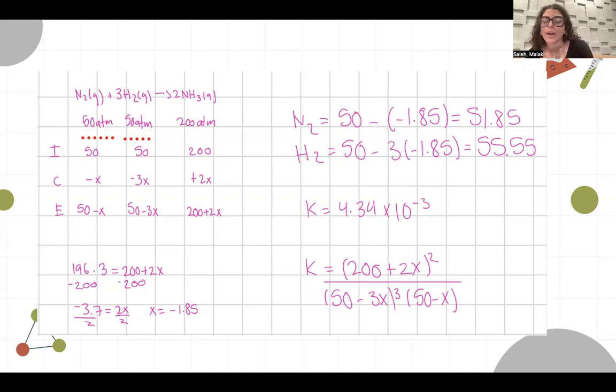Using 196.3, the partial pressure of NH3 that they gave us, I found that x was negative 1.85. I plugged that into the equilibrium expressions for N2 and H2 and found both of those values, which is right there on the screen. And that's how you set it up with K. And that's pretty much it.